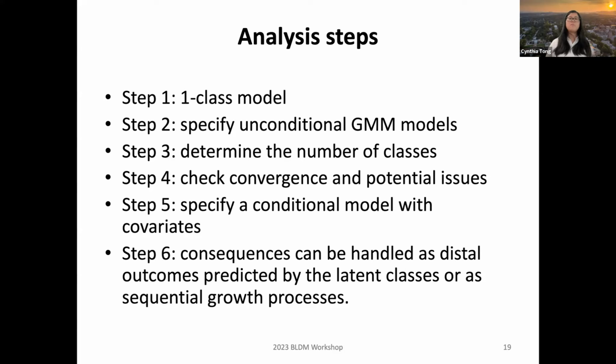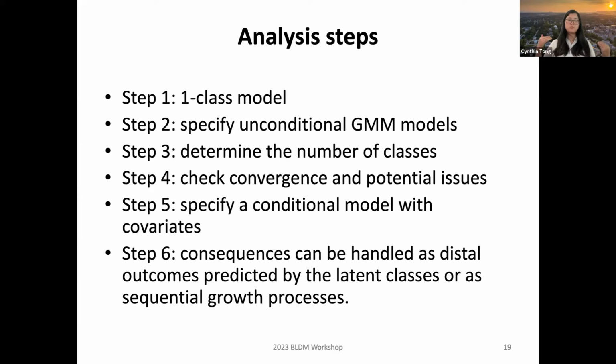Then we do the model assessment. We compare those models and find which model has the best fit. I'm not really touching any substantive theories, or making any decisions based on real situations. But when it gets to that in practice, it could be more complicated.